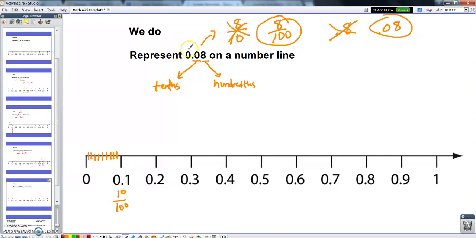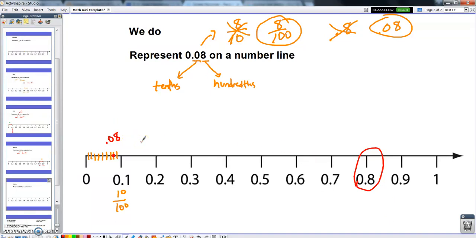I'm going to go over to 0 tenths here, and then over 8 hundredths. 1, 2, 3, 4, 5, 6, 7, 8. This right there. That is 8 hundredths, not to be confused with 8 tenths, very different number, much greater value. That's 8 hundredths. All right?